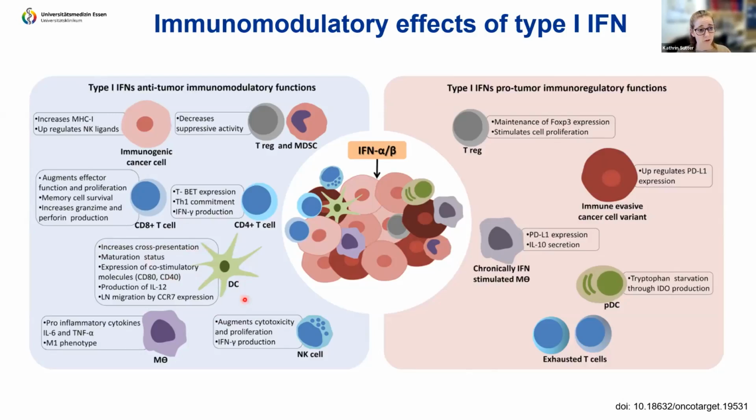Then they also upregulate co-stimulatory molecules like CD80 or CD40, which are important for activation of the T cells. They induce the production of IL-2. And they also have effects on macrophages or also on NK cells. So also on NK cells, the production of interferon gamma is increased by interferon, but also the cytotoxic molecules like granzymes and perforins are increased after interferon treatment.